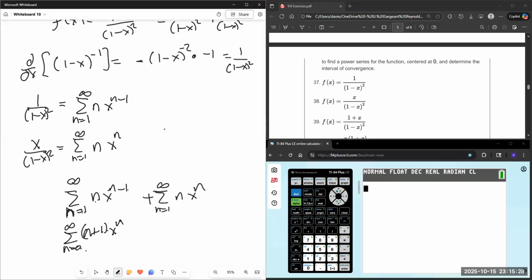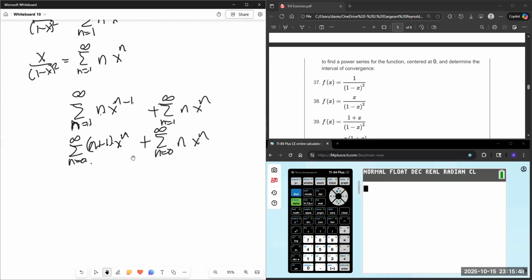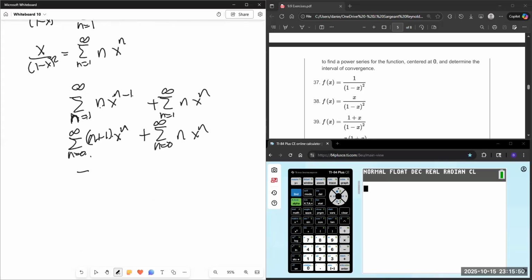Now with this one here, this is a little trickier to see what I'm going to do, but if I go down to n equals 0, that doesn't change the value of the series at all because I'm multiplying by 0. Adding 0 doesn't change anything, so I'll go down to 0 here and x to the n. So that gives me a single series, n equals 0 to infinity of (n plus 1) plus another n, times x to the n.